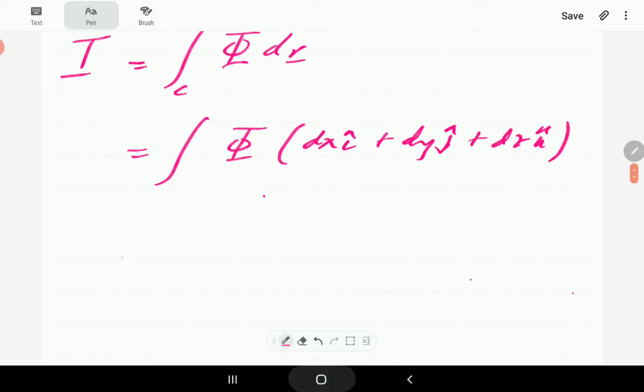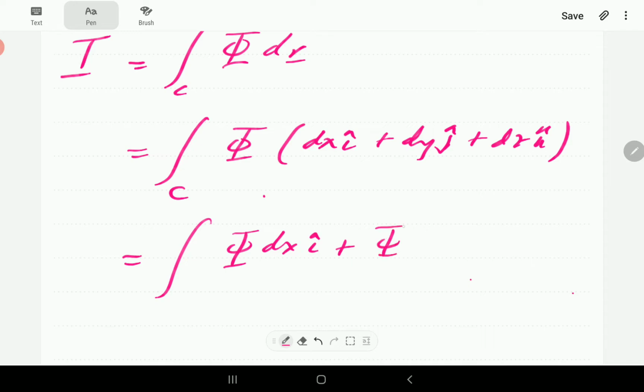If we remove the brackets here, this is just going to be phi dxi plus phi dyj and then plus phi dzk.